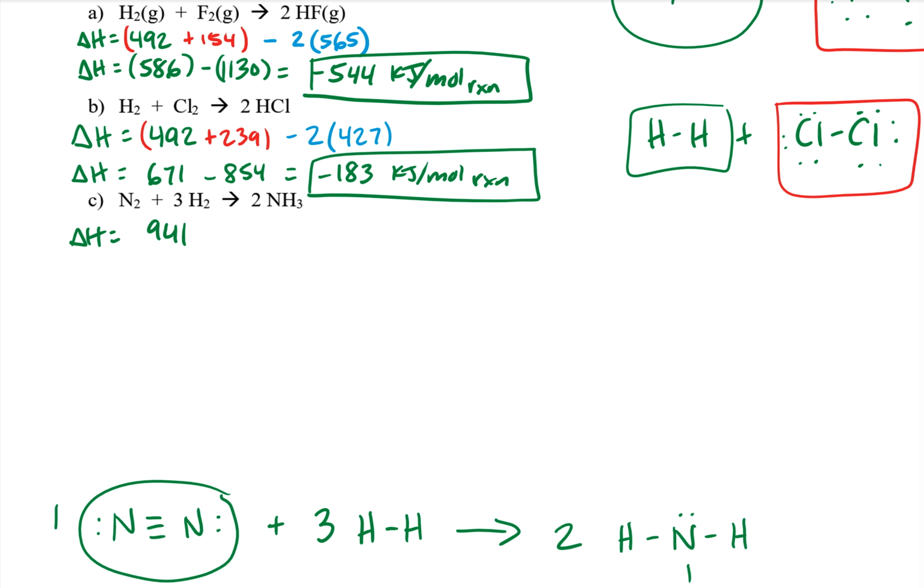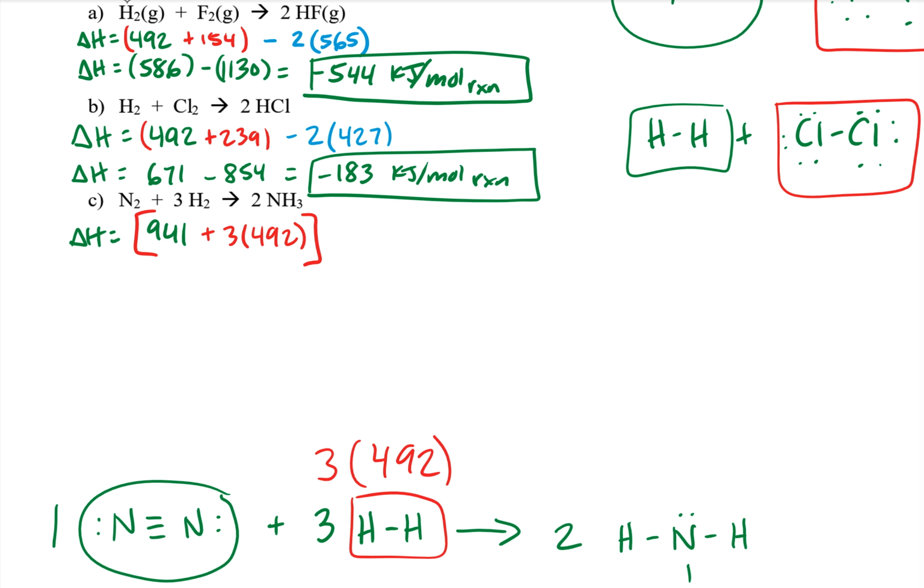Its coefficient is 1, so I don't have to multiply it. I'm looking for hydrogen to hydrogen again, which I've already used before. That has a value of 432, but there's a coefficient of 3, so I need to multiply it by 3. So plus 3 times 432. All of that gets added together.